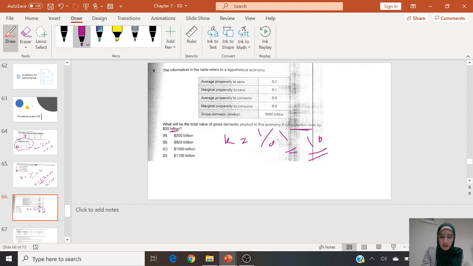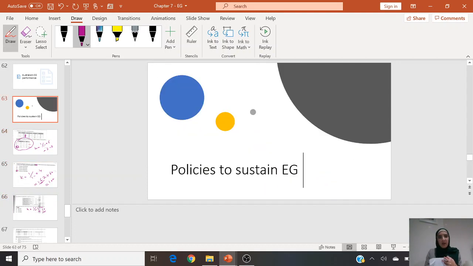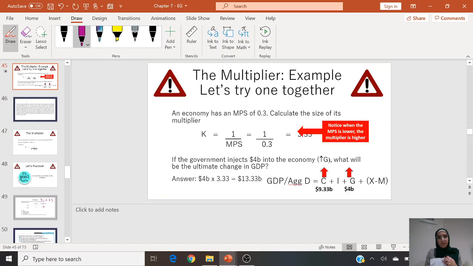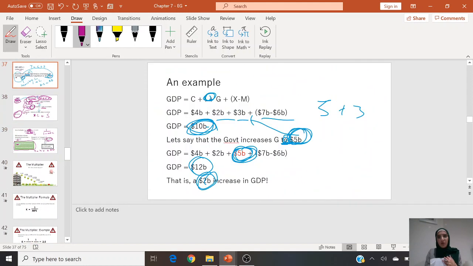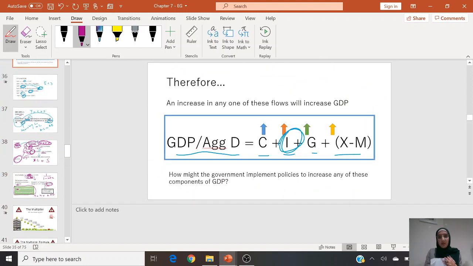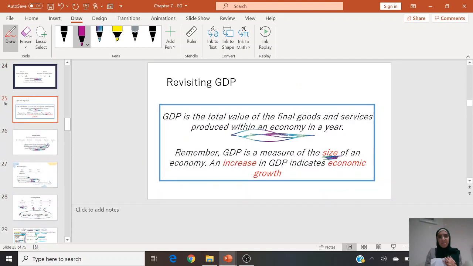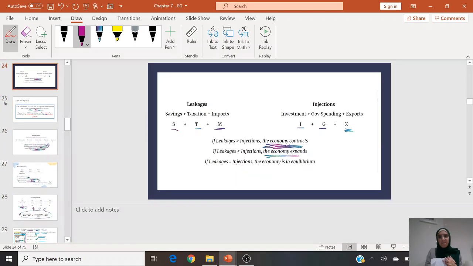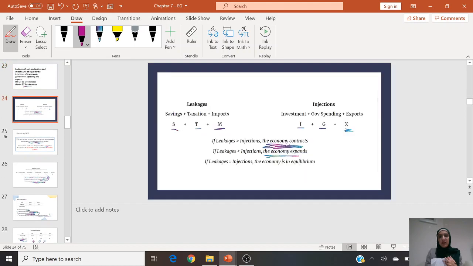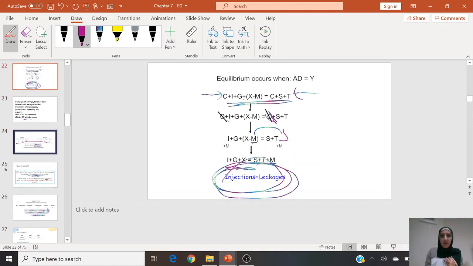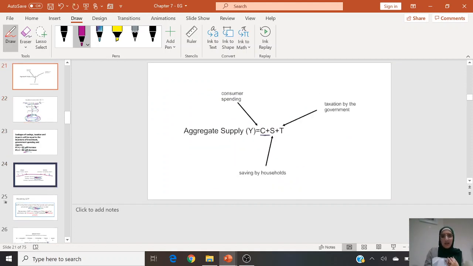We also know that consumption is, is that an injection or a leakage? Let's go up and look. It's actually an injection because you're spending on the economy, you're not saving it. It doesn't clearly say over here just because it's not a part of the leakage and injections formula, but in this case, consumer spending is a part of aggregate supply.